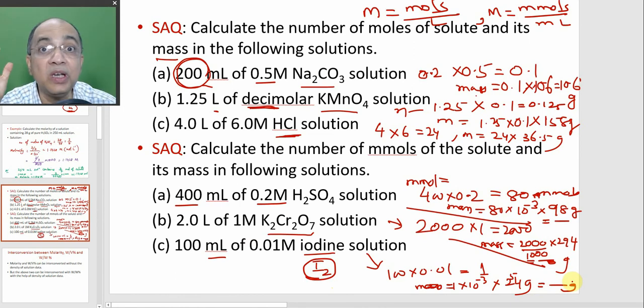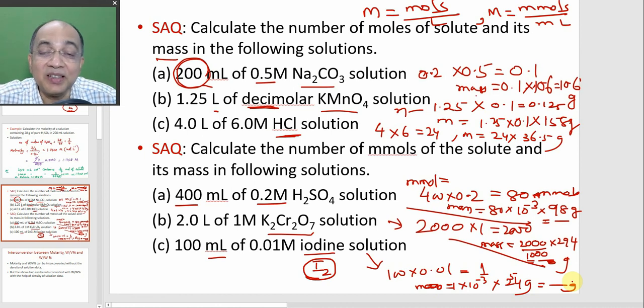So what we learned here? In solutions, stoichiometry we have not yet started. Today we are looking at different types of concentration terms. We learned that you can get the amount of solute just by multiplying the volume of the solution with molarity.